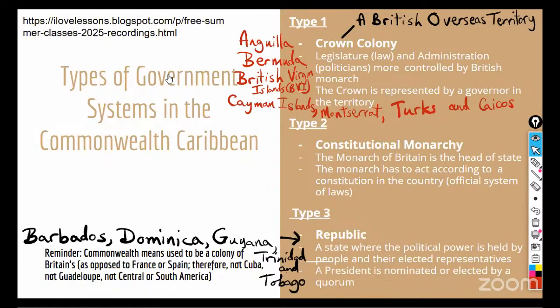It has a prime minister and a government. Skylar, these territories are not in the Caribbean, so we wouldn't include those. Panama is a part of Latin America. So we are only concerned with the English speaking part of the Caribbean for social studies.